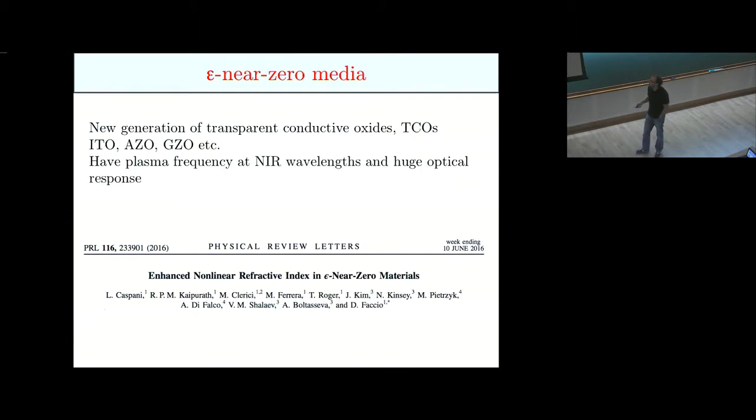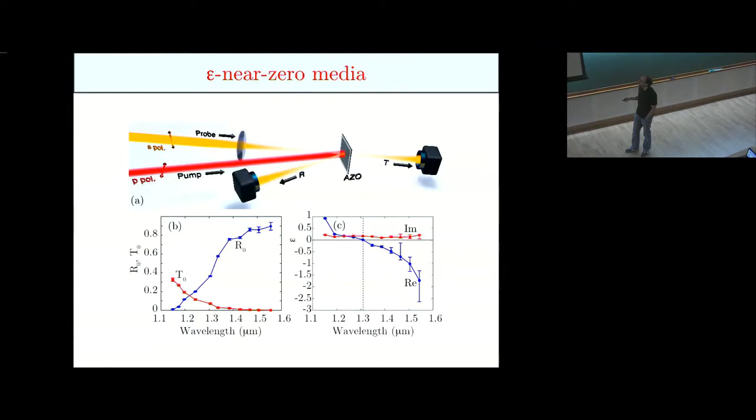All of these materials have a plasma frequency at near-infrared wavelengths, around 1300 nanometers, where you can easily do quantum optics experiments, for example, and also have readily available detectors. And it turns out that they have a huge nonlinear optical response. So how did we measure this, and where does this huge response come from?